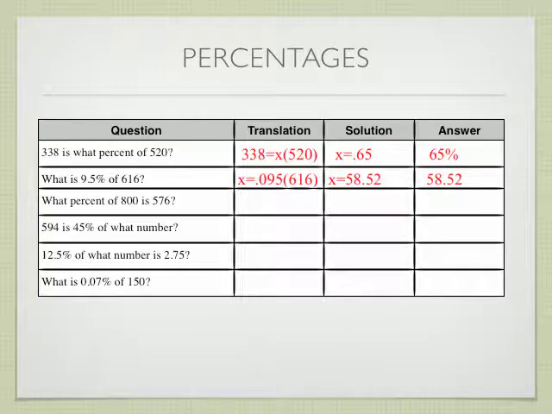Okay, what percent of 800? What percent, that means that's my variable, percent of means multiply, so it's x times 800 equals 576. To solve for x, I divide both sides by 800. Now it says what percent? I was looking for a percent, so that 0.72, I want to change it to percentage form.